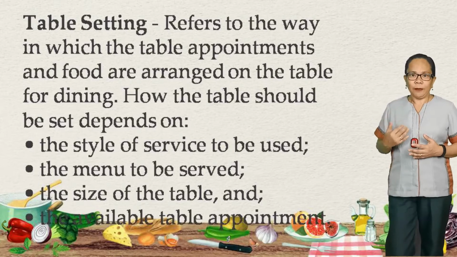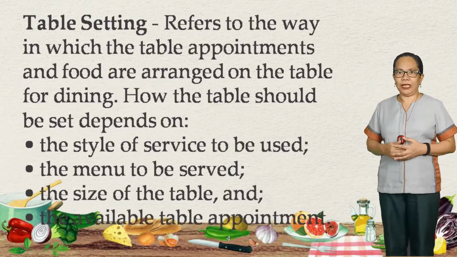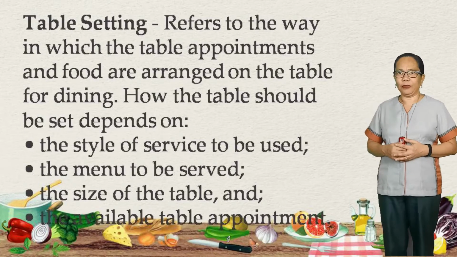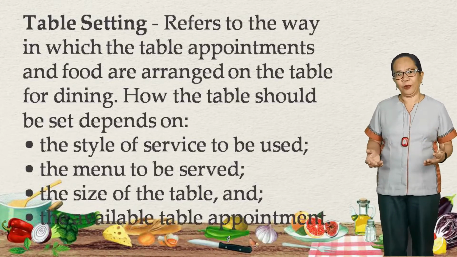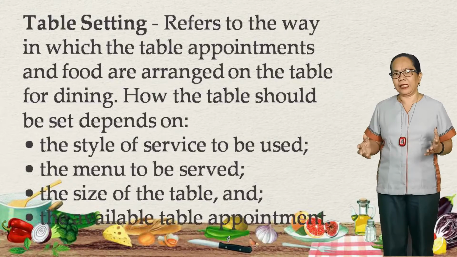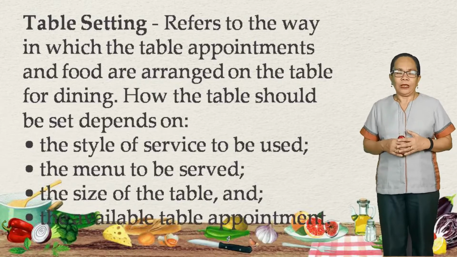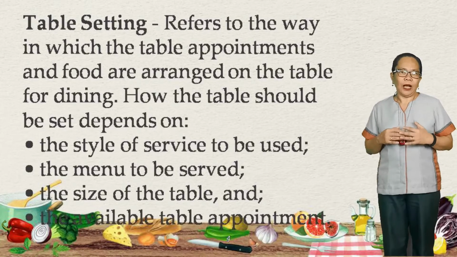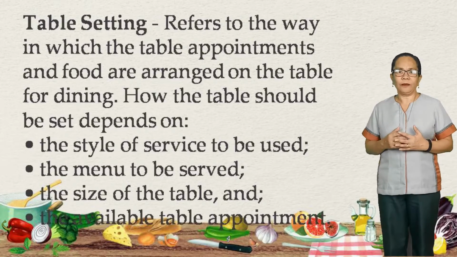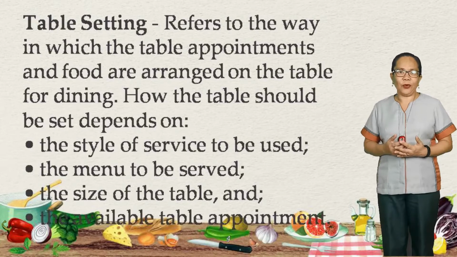So in the previous quarter, we discussed all about the different table appointments, such as the cutleries. So ano-ano nga bang mga ito, di ba? Those different sizes of plates, different kinds of forks, spoons, cup and saucer, bowls, glasses, so on and so forth.